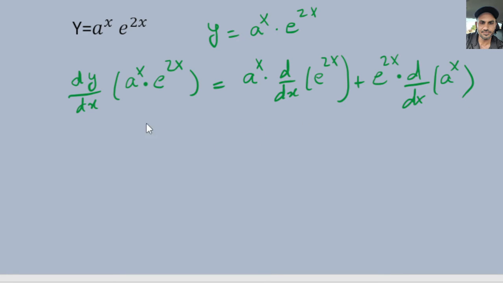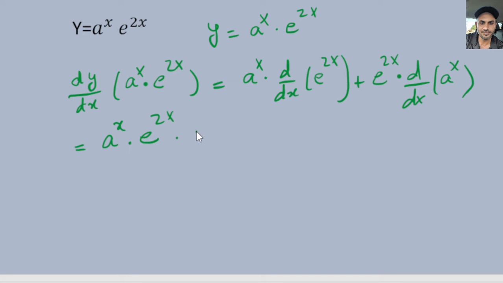Okay, now we have this, and we can apply the derivatives here. So let's write it down. So a to the x times derivative of e to the 2x. So here we have to apply the chain rule. It's going to become e to the 2x times the derivative of the exponential term right here.